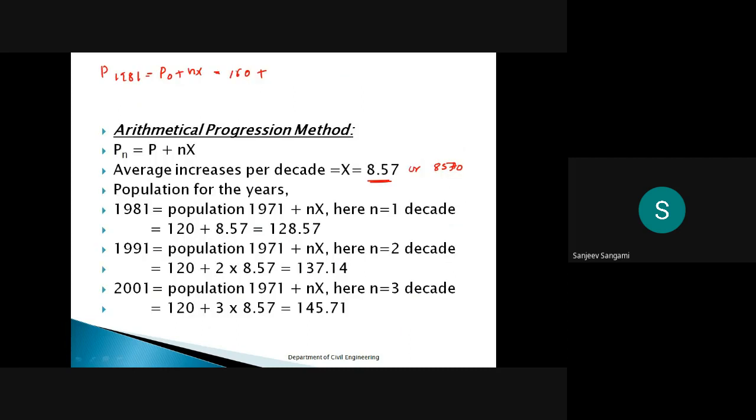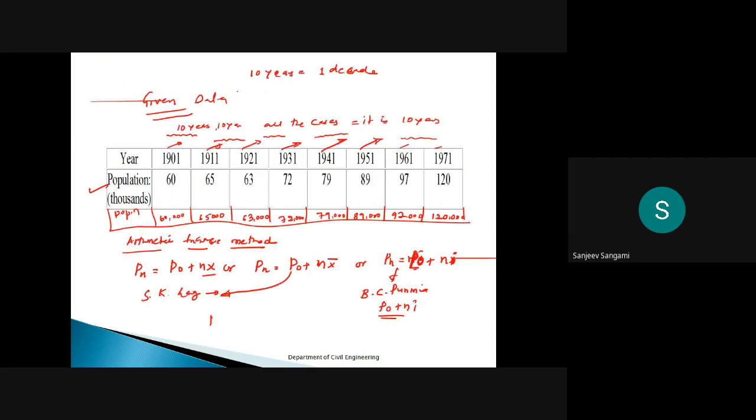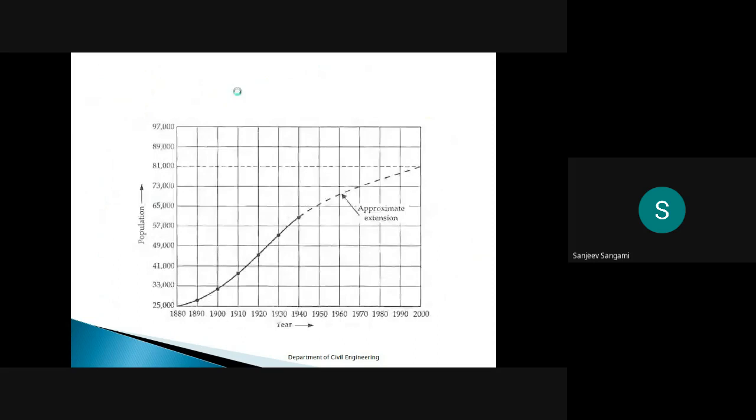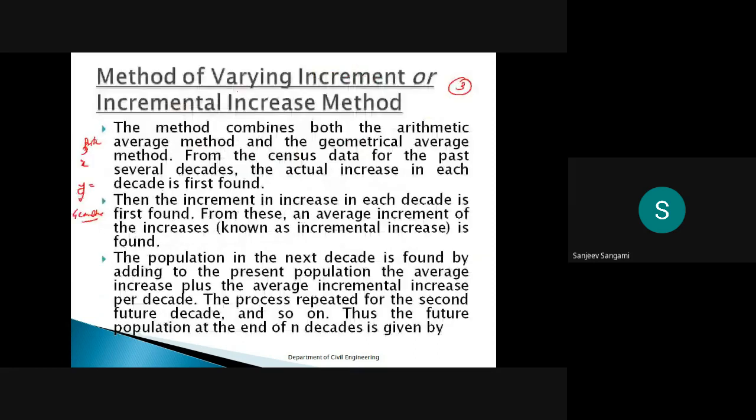It is equal to 120 because this is the last population. In the previous problem also we have taken that value itself. So P naught plus Nx, P naught is the last known population, that is 1970. In the previous problem also, when we were discussing, we have taken that itself.